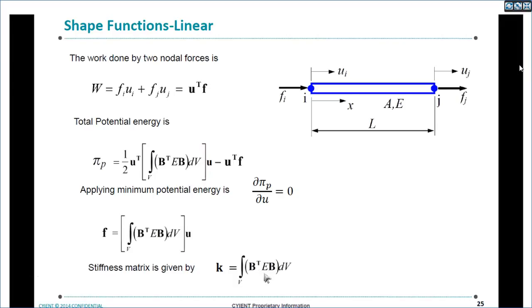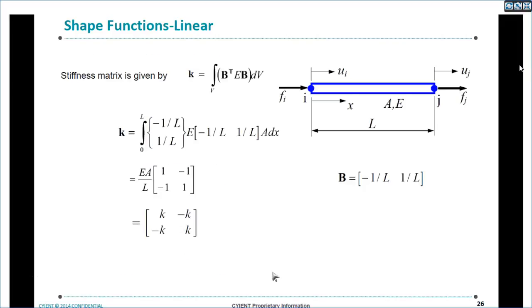So the integral over volume of B transpose E B dV. Let us use this equation to derive the stiffness matrix of a spring or bar element. So B transpose is nothing but minus 1 by L and 1 by L. When you put B transpose, it comes like this. Then E, then minus 1 by L, 1 by L. So we got E B, right? The volume integral is A into dx.